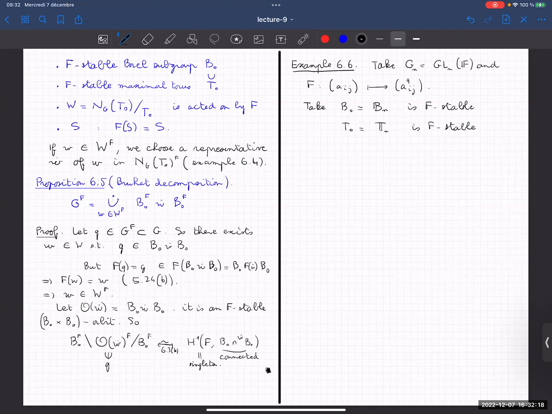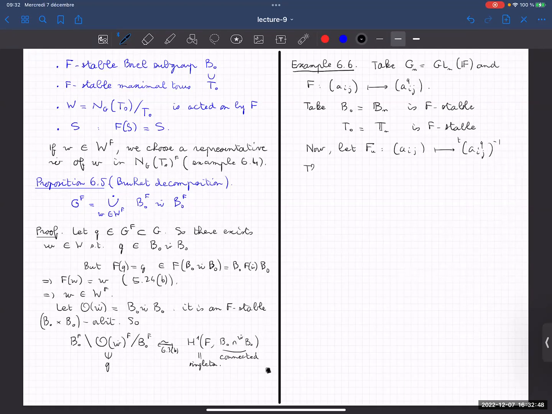But it is much less easy for the twisted Frobenius, the one that defines the unitary group. Recall that I define Fu, U for unitary, that sends a matrix Aij to the same matrix, but raising the entries to the q's power and taking the transpose of the inverse.